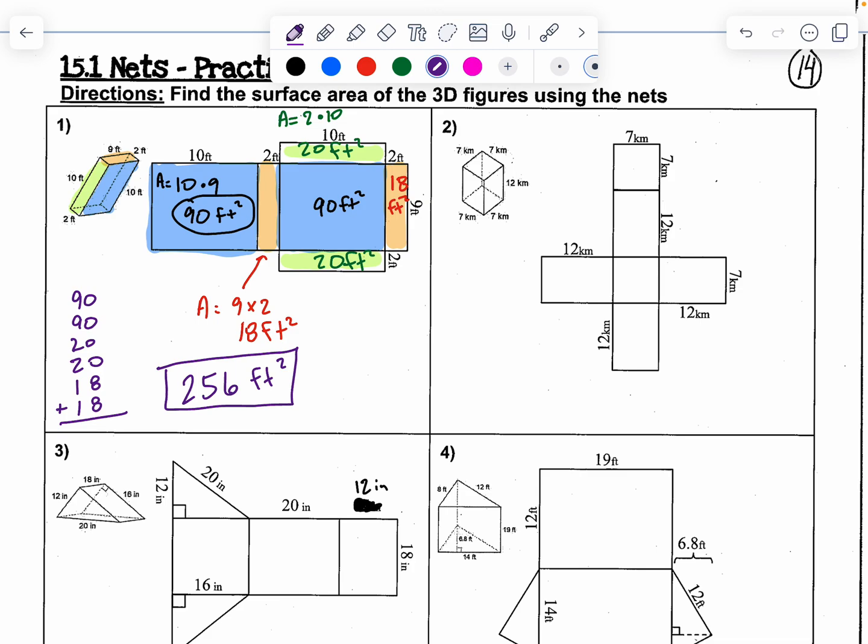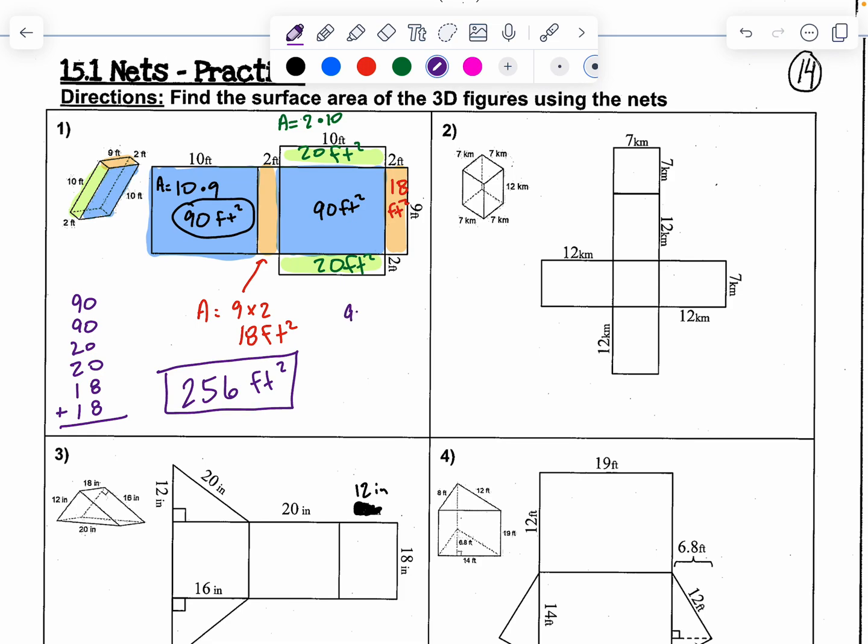Of course, you also could have just added the 90, the blue, the orange, the 18, and the 20, and then just doubled it. What I mean by that is just go 90 plus 20 plus 18. As you can see, these are parentheses right here. Times that whole thing by 2. Because 90 plus 20, that's 110. Plus 18, that's 128.